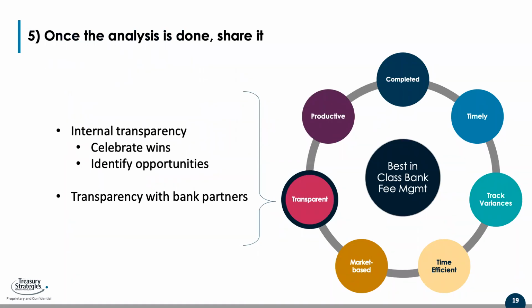Next up on the list of best-in-class best practices: once you've done the analysis, it's really important to have some transparency around that analysis. If you identify that excess cash and redeploy it, celebrate those wins. Make sure that you're getting credit for those changes that you've made that have improved or added to the bottom line.